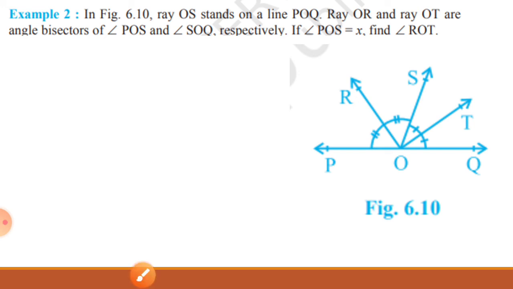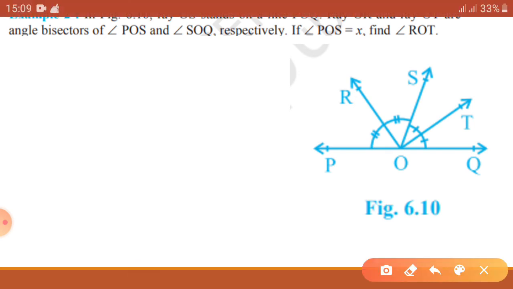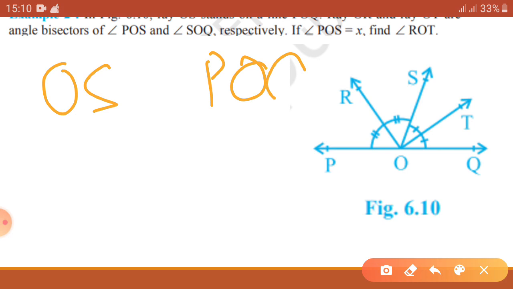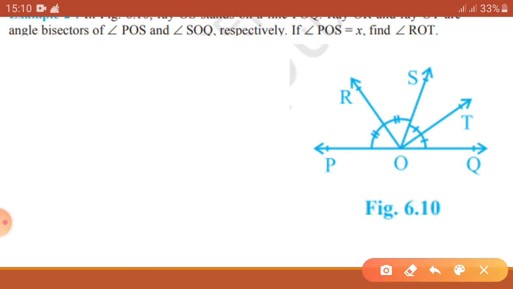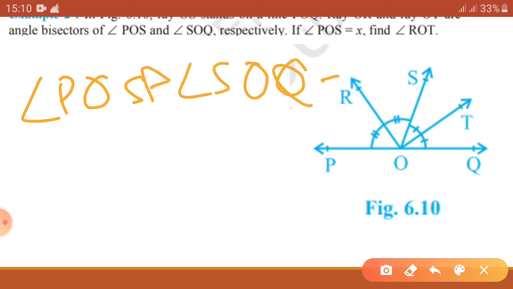For this question, it is given that ray OS stands on the line POQ. Therefore we can say that angle POS plus angle SOQ equals 180 degrees.